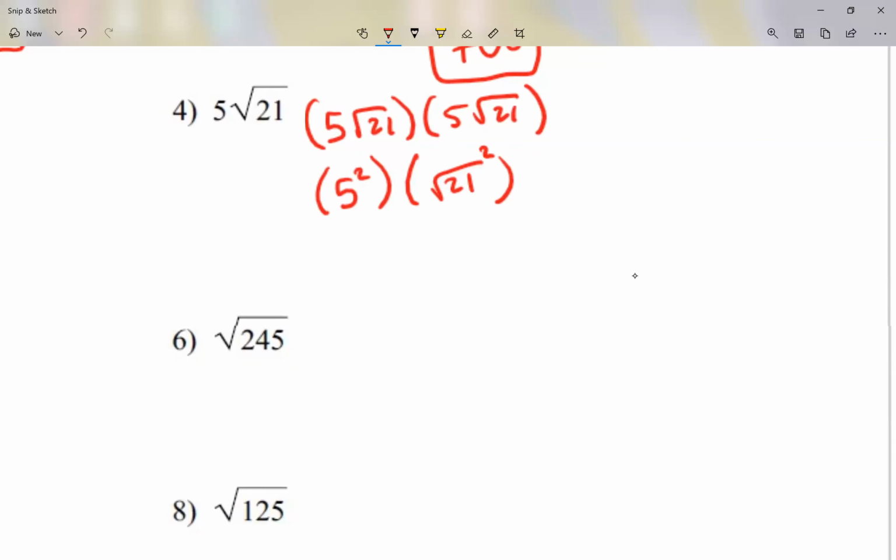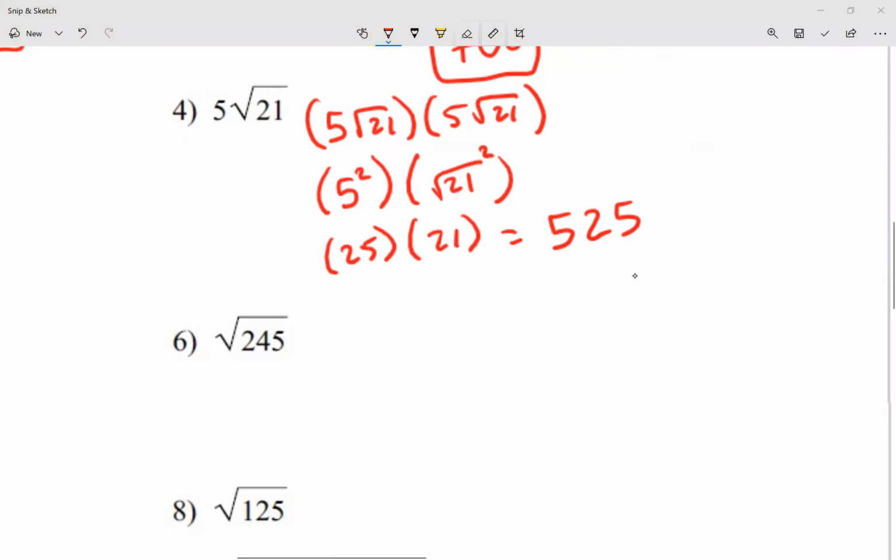My first parenthesis, that gives me 25. The second parenthesis, the square root of 21 squared is just 21. So 25 times 21, it gives me 525. Again, you might be in the thousands, and that's fine.